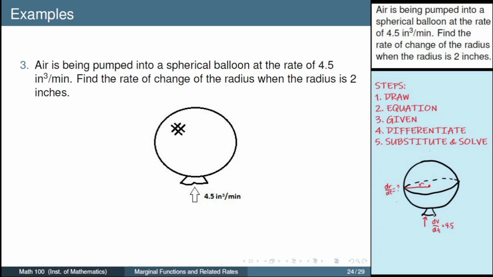Tignan natin kung ano yung mga variables involved here. We have the volume, okay, because we are talking about the air being pumped inside the spherical balloon. So, the volume is getting bigger. And also, we have the radius of the sphere, okay, of the spherical balloon. Okay, so ang hinahanap sa atin dito ay yung rate of change of the radius, that's dr over dt.